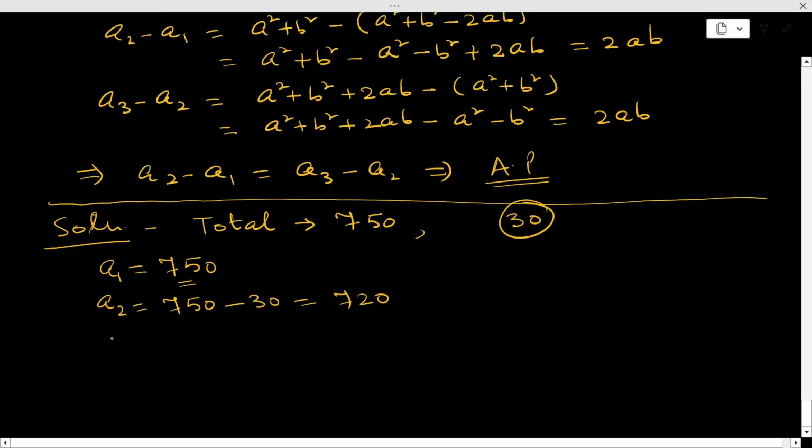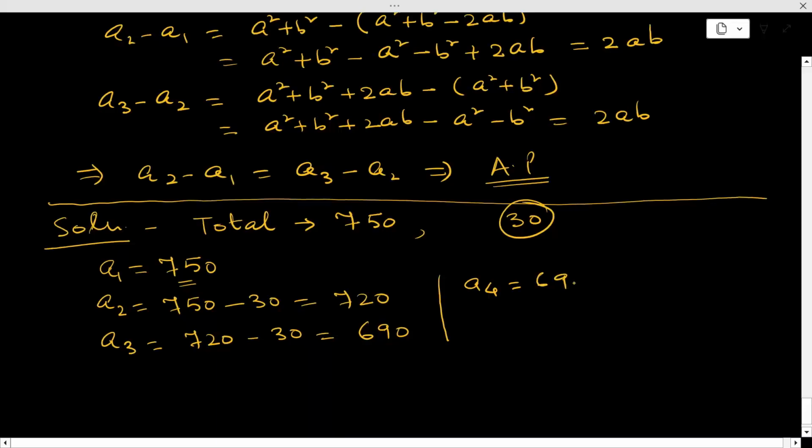Now next we obtained the third term as 720, because now the first batch already left the campus, so the remaining students, when the next batch left the campus, will be 720 minus 30, so this will be 690. And similarly you can obtain some more terms.